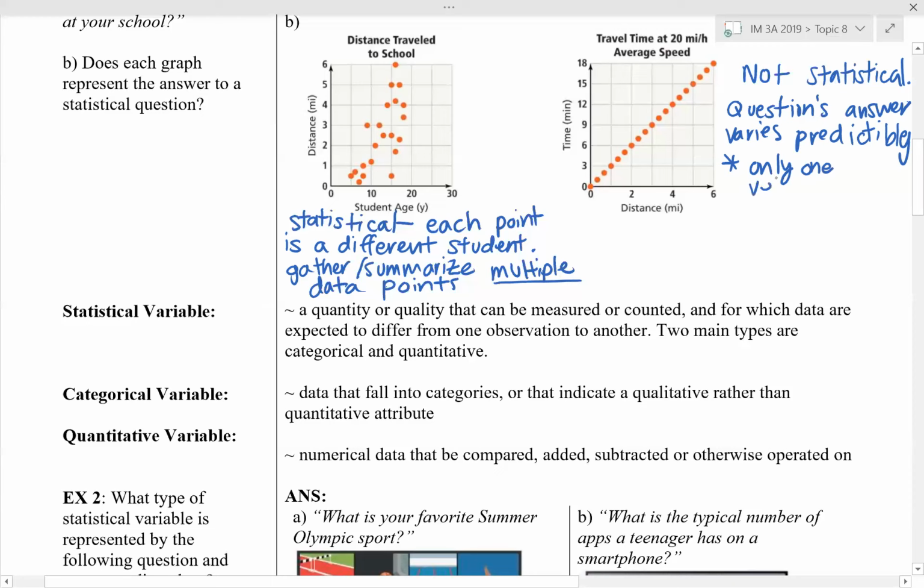There's only one vehicle, sorry, traveling at a constant speed. Sorry, my handwriting isn't great on this thing.